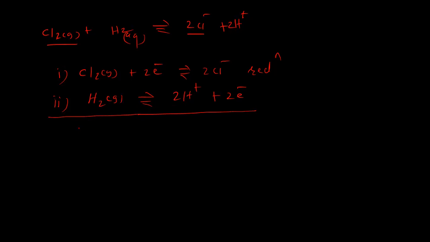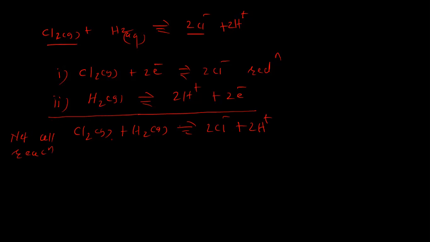You can see here, chlorine gas reacts with hydrogen gas and there is a formation of two chloride ions and two hydrogen ions. So this is the net reaction, net cell reaction. Now from this net cell reaction, we have to write the cell.